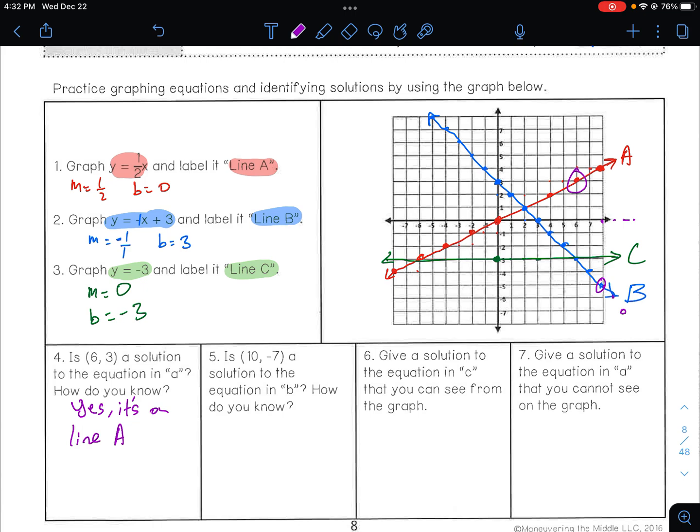It'd go like 9, negative 6. 10, negative 7. Yes. How do I know? If I extended the line, it will run through 10, negative 7.